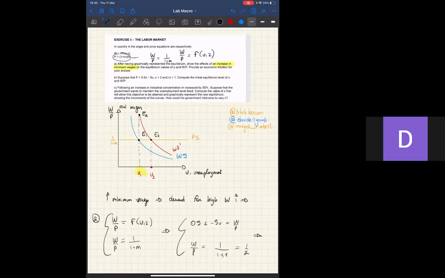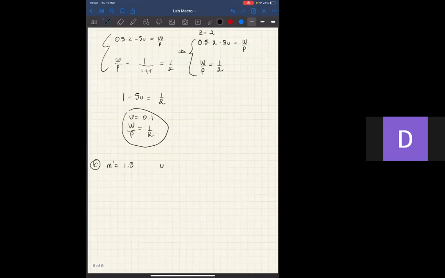And we have to compute the value of Z such that the unemployment level stays fixed. So we want Z, my bad, such that U stays at 0.1.